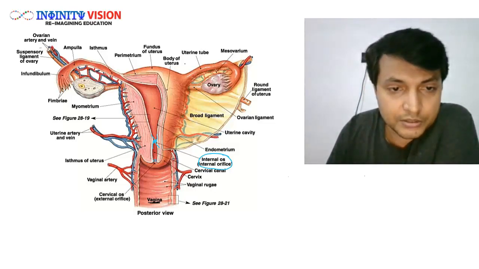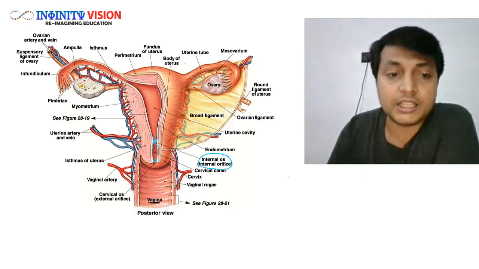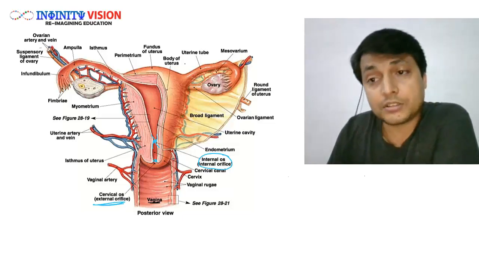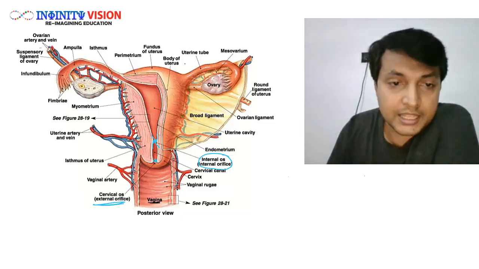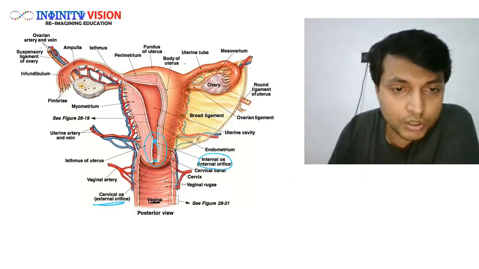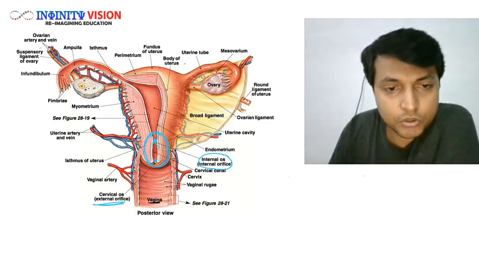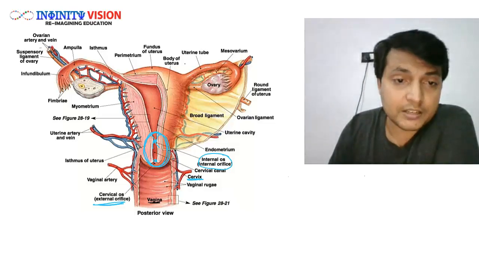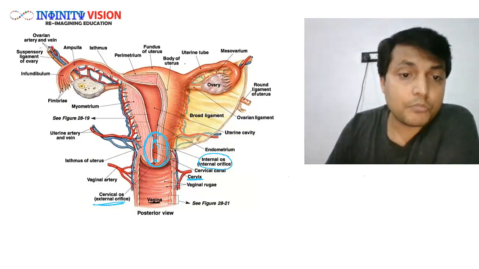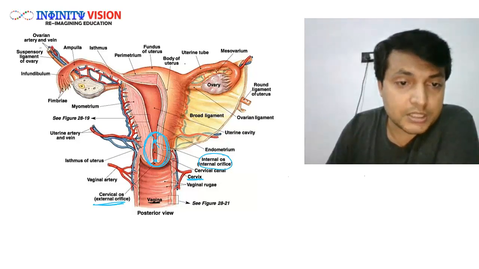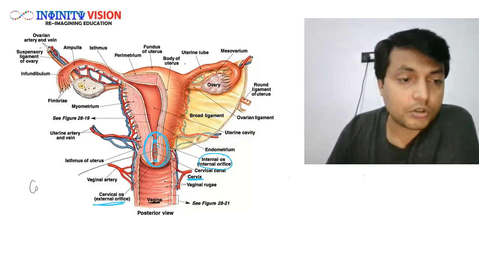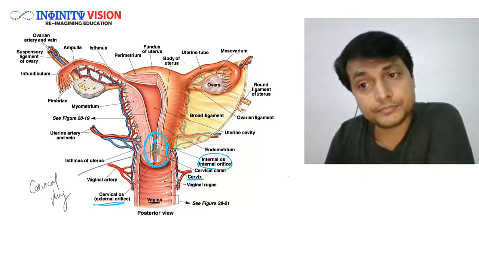Similarly, here there is again one orifice called the external cervical orifice, and this whole structure is called the cervix. Now, this cervical part is mostly filled with a mucus-like fluid called cervical plug. Okay, great.